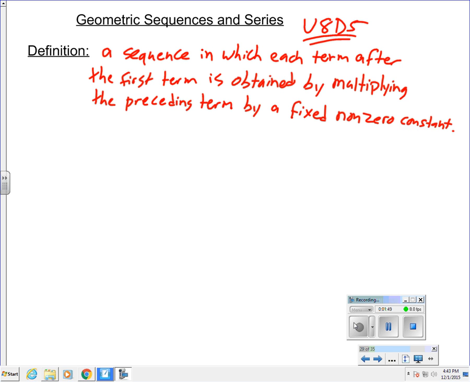So a geometric sequence is where we're going to be multiplying every time. In an arithmetic sequence we're adding every time, in a geometric sequence we're multiplying every time.